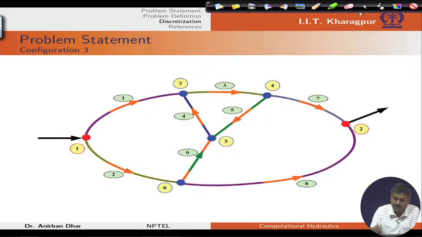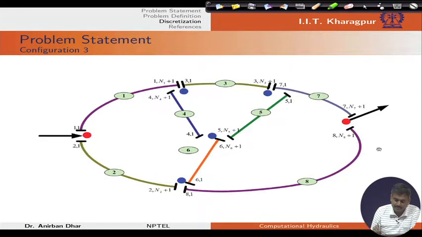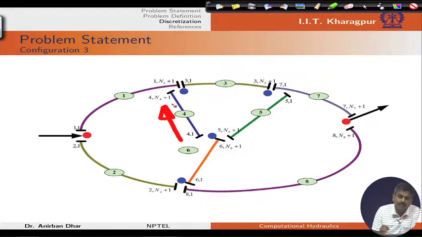Now, what will happen with this configuration? Again I need to change this numbering, section numbering scheme. So, this is my direction of flow as per assumption. In this case, this is my direction of flow for channel reach number 5.